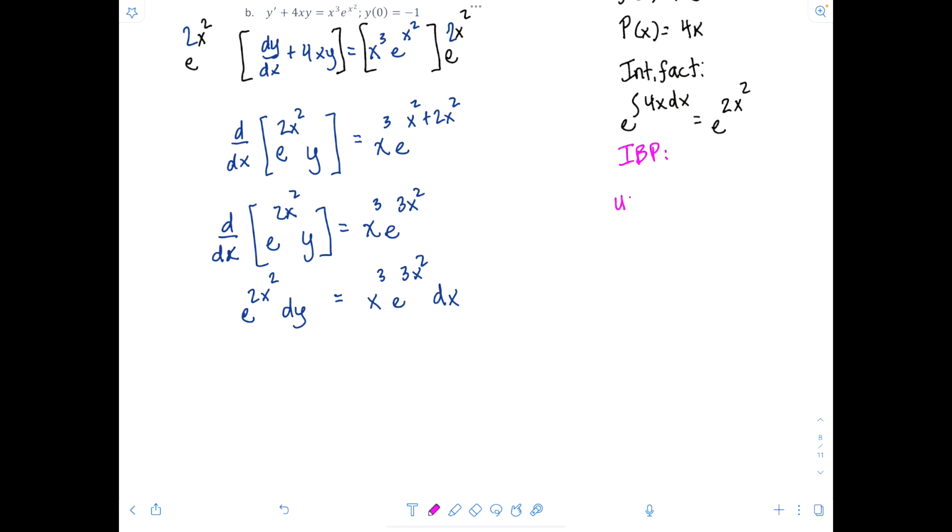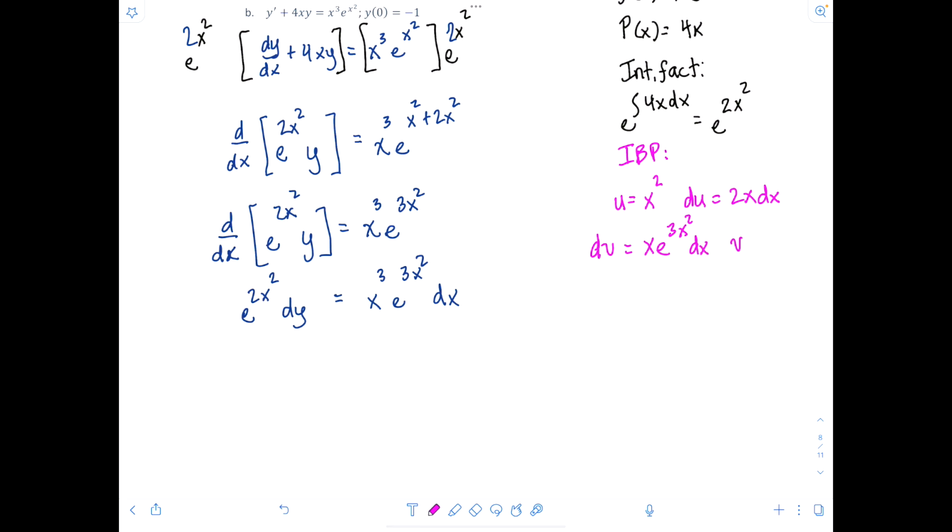I'm going to let u equal x squared. So my du will be 2x dx. dv will be equal to x e to the 3x squared dx.